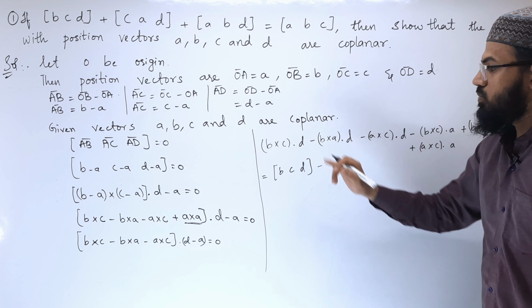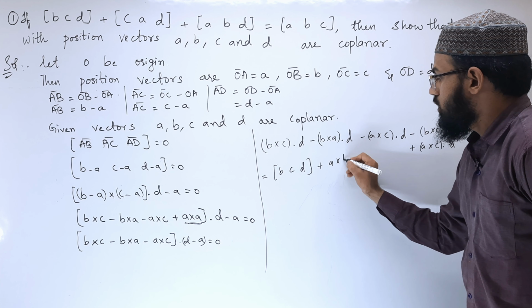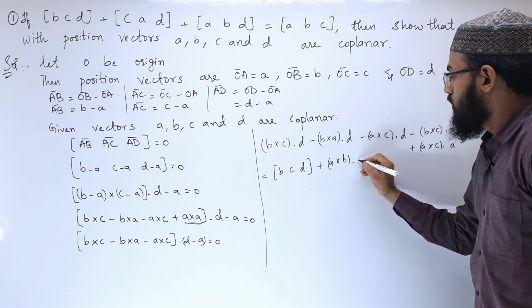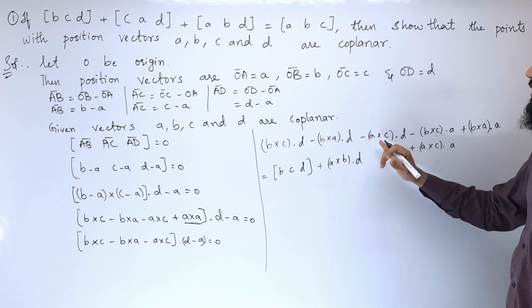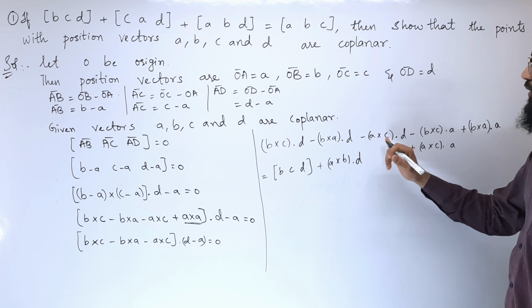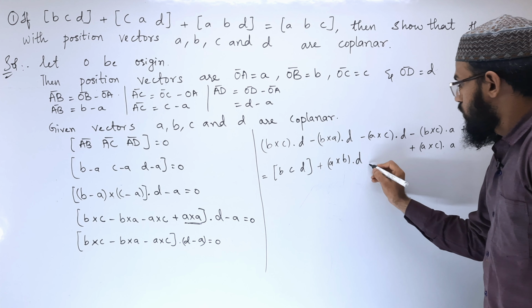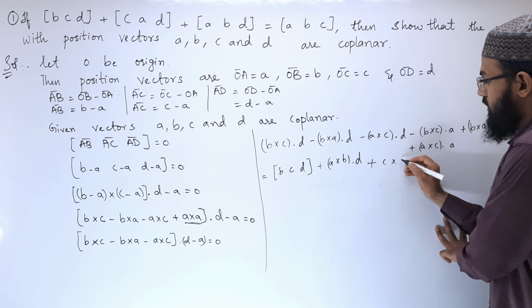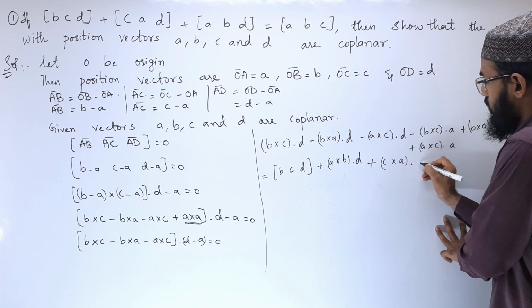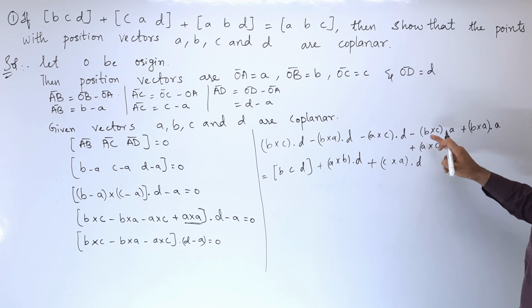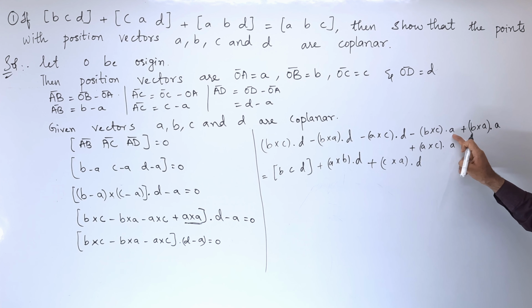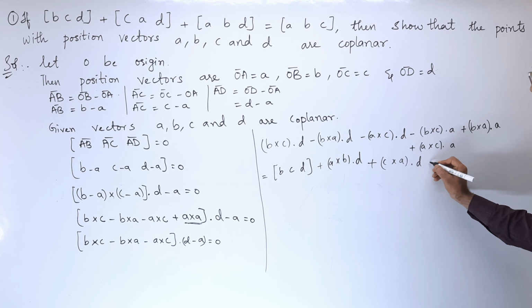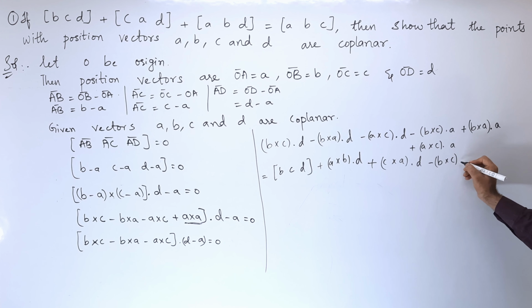So minus into minus is plus, A cross B dot D. Next is A, C, D. If we write C cross A, we get minus into minus plus, C cross A dot D. Next is B cross C dot A, so we write this as it is: minus B cross C dot A plus.